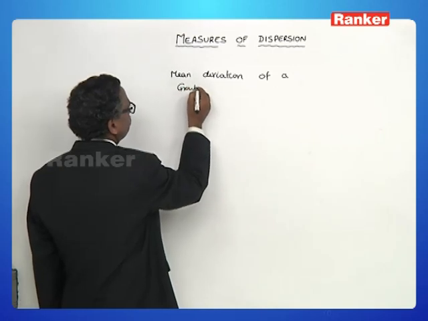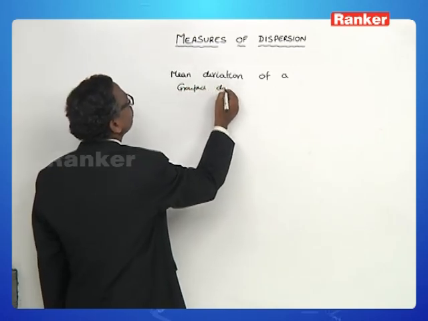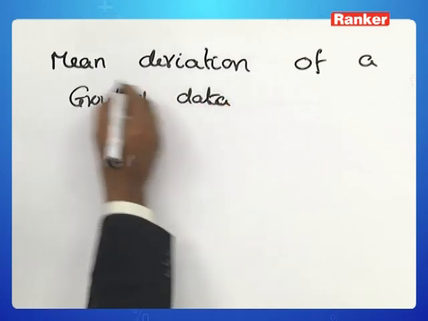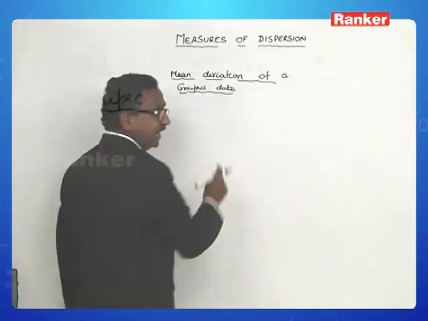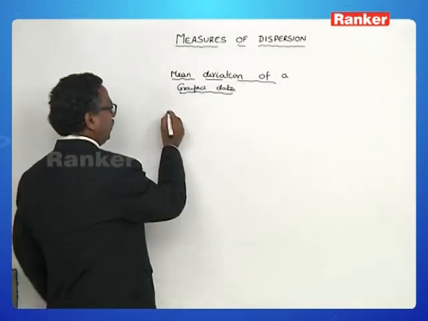So, mean deviation of a grouped data. Now, grouped data is classified into two types.